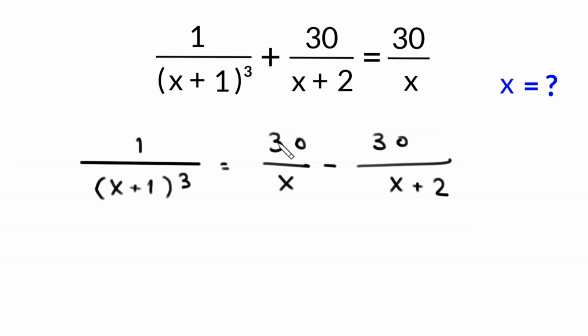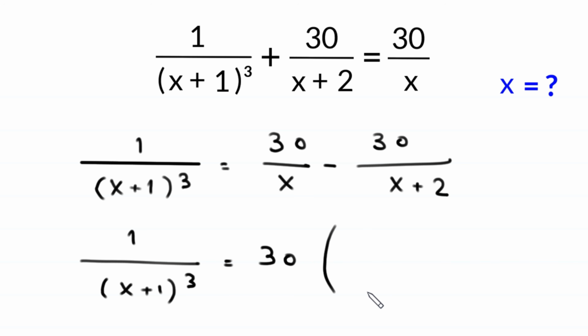Now we can factor out 30 from these two terms, so this will become 1 divided by (x plus 1) whole cubed equal to 30 as common factor, in bracket, 1 divided by x minus 1 divided by (x plus 2).